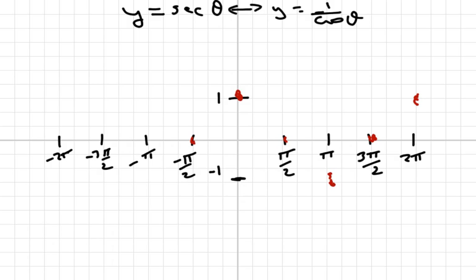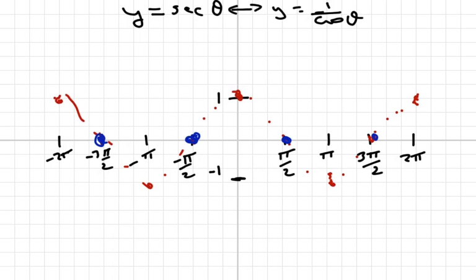Then just go back down. Negative 1, 0, 1. From your chart, you can sketch it. Like that. Now, everywhere there's a 0, that's where it crosses the x-axis.